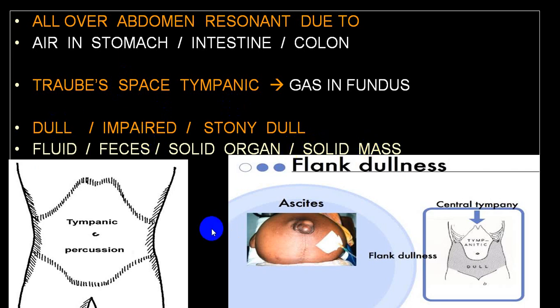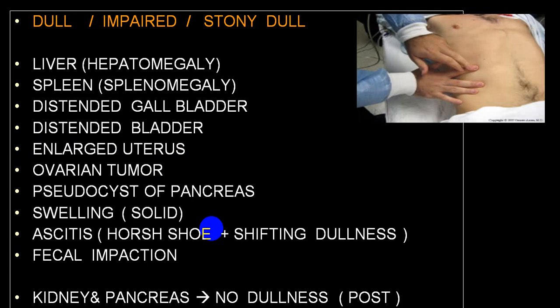You have to remember which structures can give you a dull note. So we'll be dealing with all this: liver enlargement, spleen enlargement, distended gallbladder, because a distended gallbladder will be filled with bile which is a liquid, or it may be containing gallstones, that will be dull.